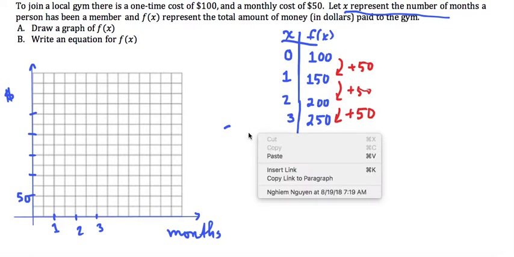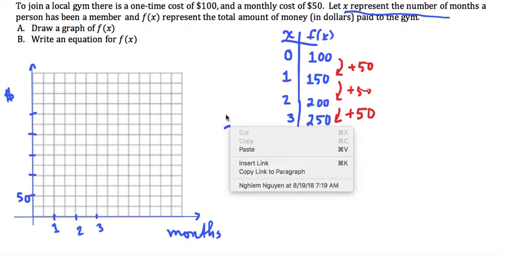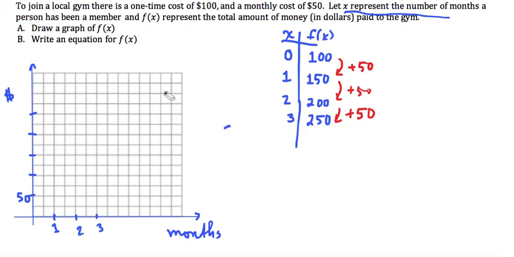Okay, so for the first month here, if you've been there 0 months, if you haven't even used the gym, just to join, it's going to cost you $100. If you've been there for 1 month, it's going to cost you $150. 2 months, it's going to cost you $200, and 3 months, it's going to cost you $250.